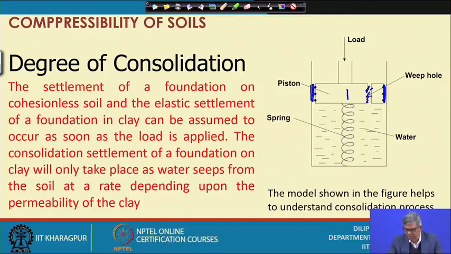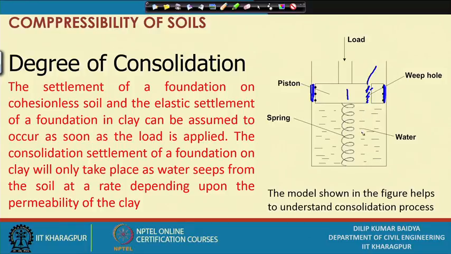Now, in the second stage, if I imagine a small opening here, a very fine opening, then since the water is pressurized, it will try to get released. Water will seep through this small opening, and until the excess pressure becomes 0, it will continue to come out.